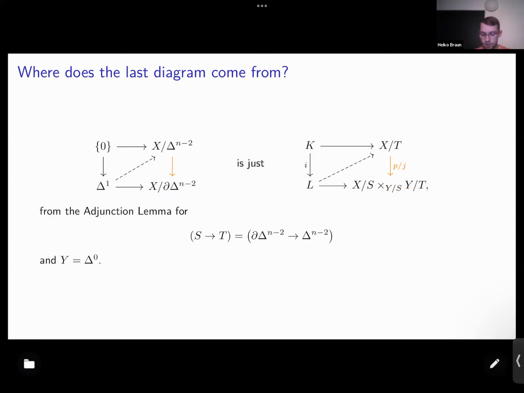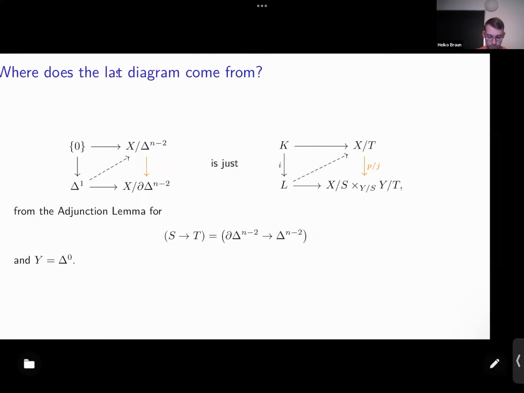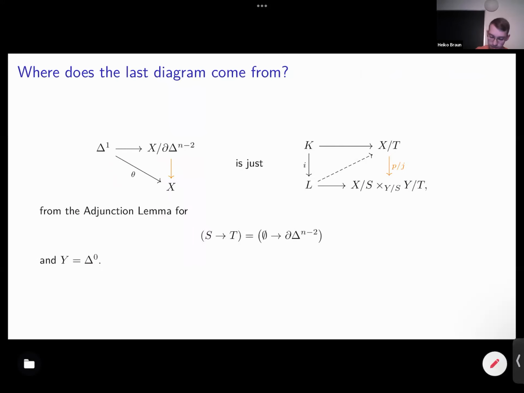And very similar to that, the lower part is constructed as well. So this is the lower part of the main proof. And now we just have to again take y equals 0, then this is not there. And s has to be 0 as well. Now we take this inclusion for the inclusion of s to t, the empty set.